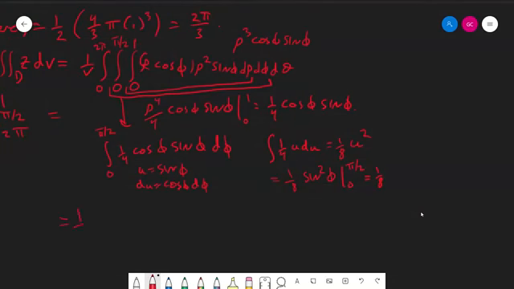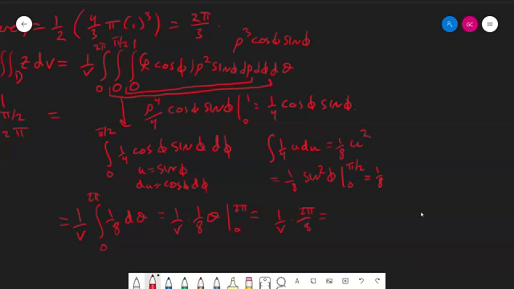So where I am now is I have 1 over v times the integral from 0 to 2 pi of 1/8 d theta. So I just get 1/8 of theta from 0 to 2 pi. So 1 over v times 2 pi over 8. And now we just have to simplify things.